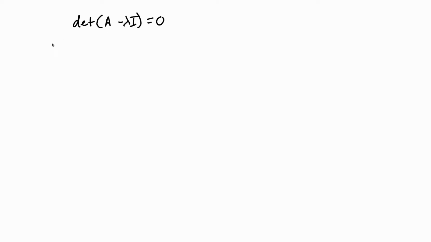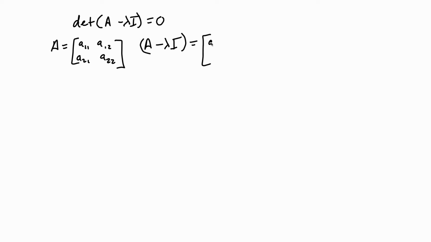So let's say A is a 2 by 2 matrix, so it's got A11, A12, A21, and A22 as its elements. So that means A minus lambda times I is going to be equal to the matrix with A11 minus lambda, A12, A21, A22 minus lambda.